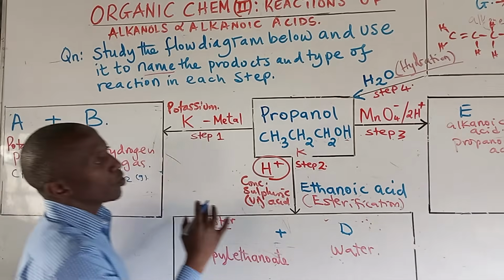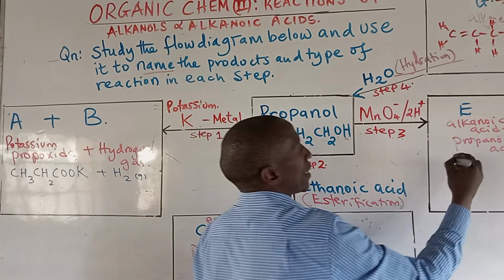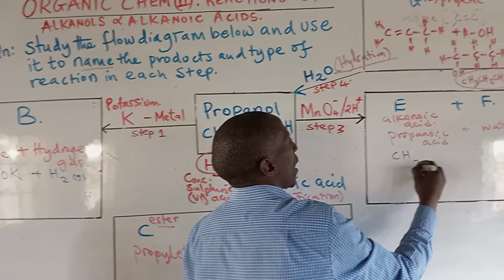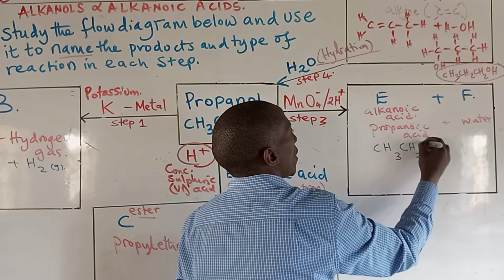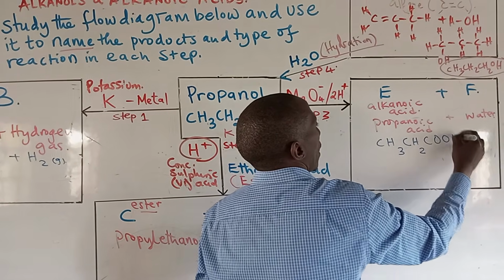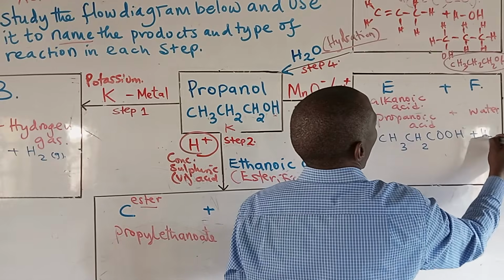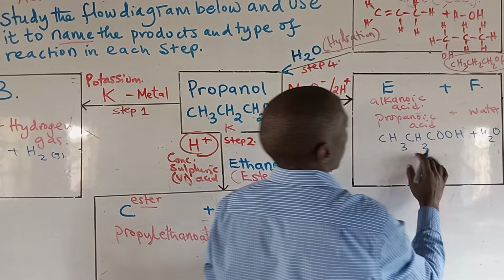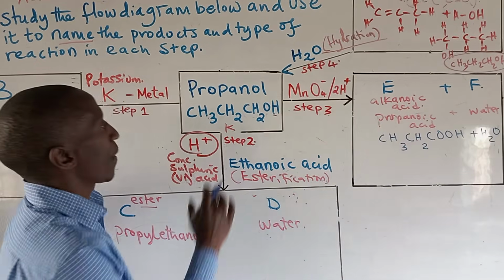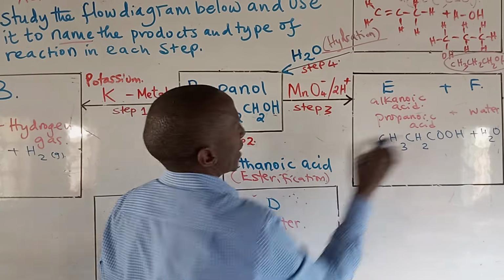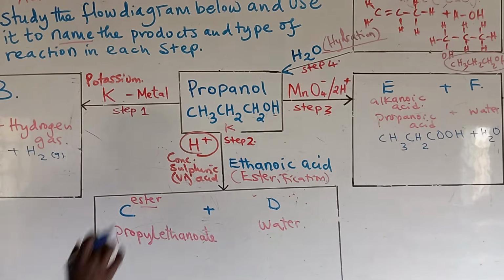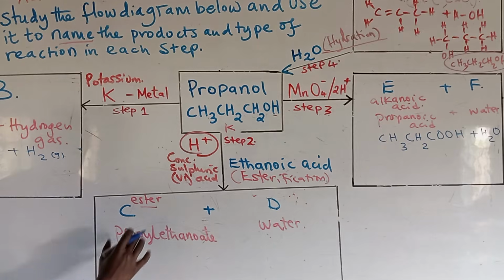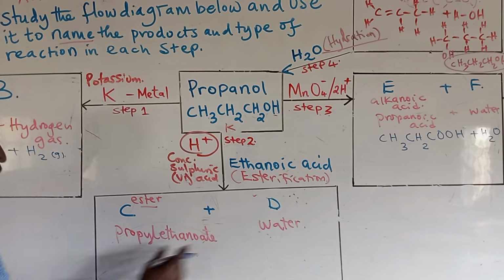In step number 3, we have propanoic acid, so that one would be quite easy. We have that, and water. Propanoic acid and water. From propanol to propanoic acid. In step number 2, we have propyl ethanoate.